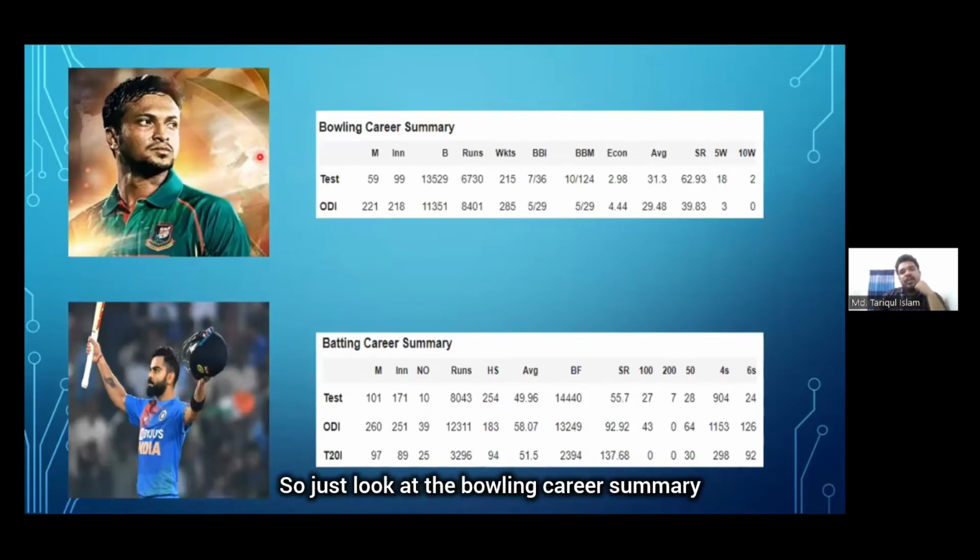So just look at the bowling career summary of Sabir Hossain. Just look at the economy. It is showing that in test his economy is 2.98, and in ODI his economy is 4.44.